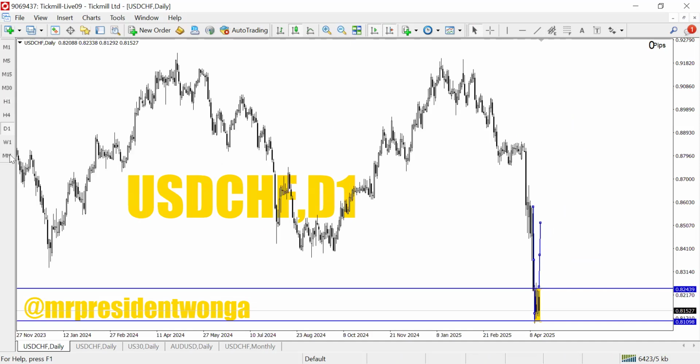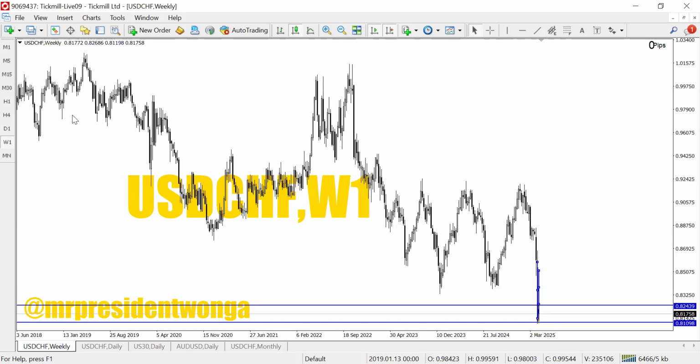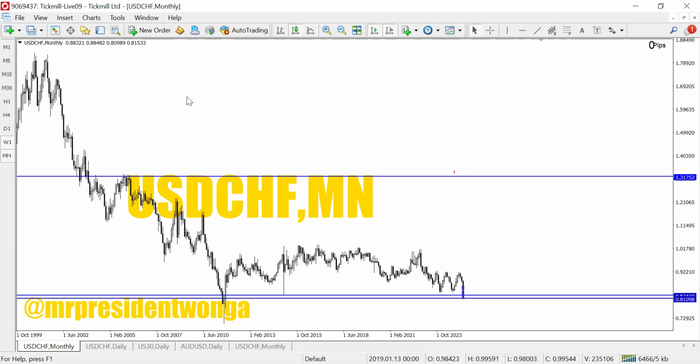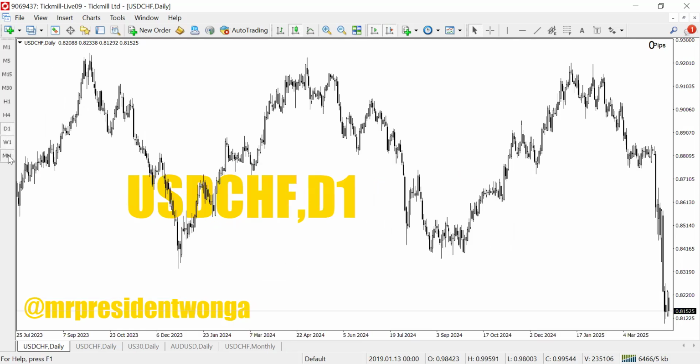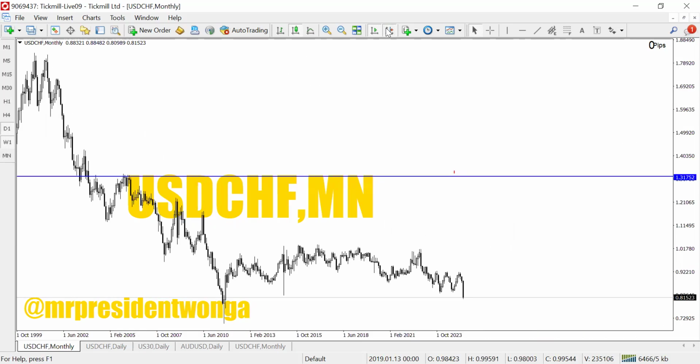Let's look at the weekly, and the monthly will give us a bit of a picture. Sometimes if the instrument is not giving you exactly what you're looking for, you go to the higher time frame or even a smaller time frame.